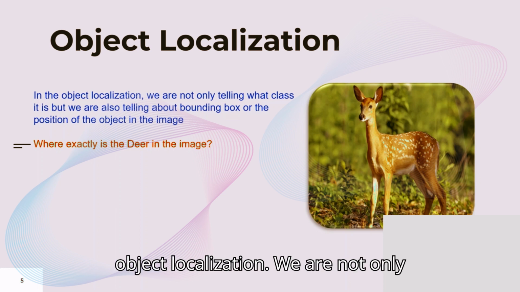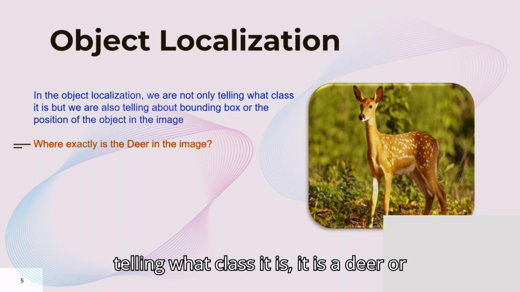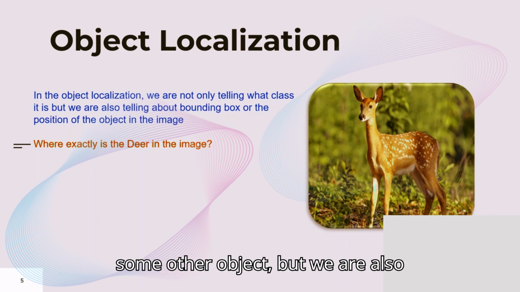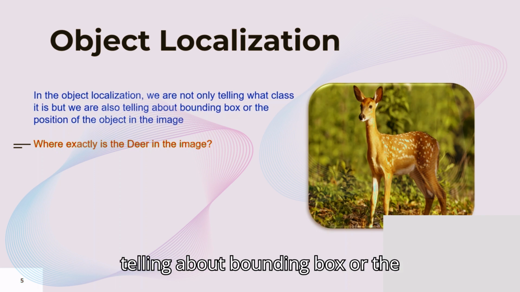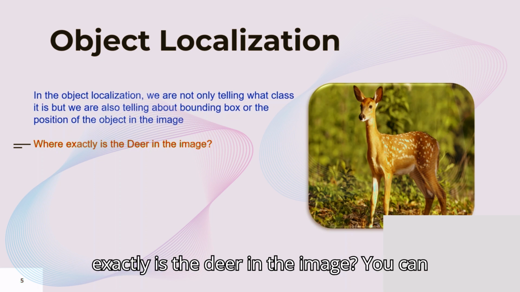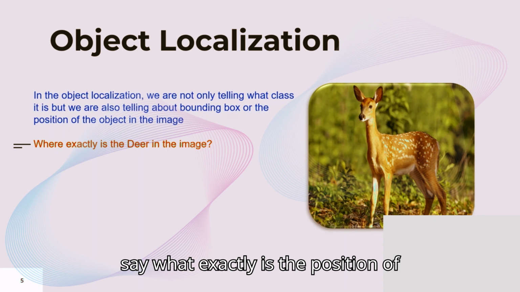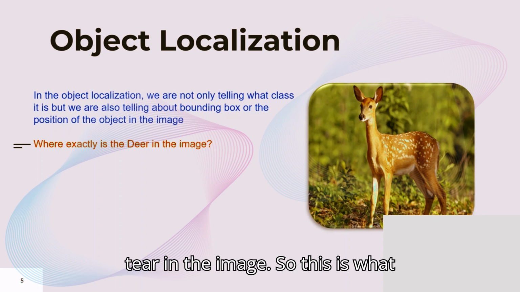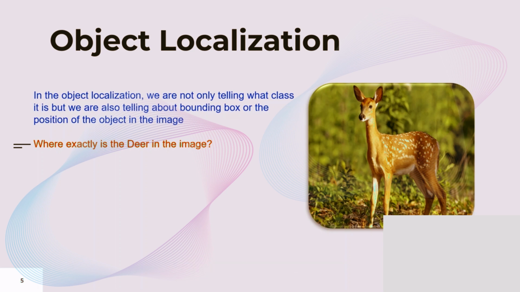But in object localization, we are also telling the position of the deer in the image. So this is what object localization is.